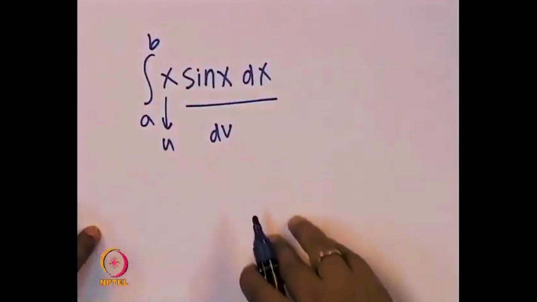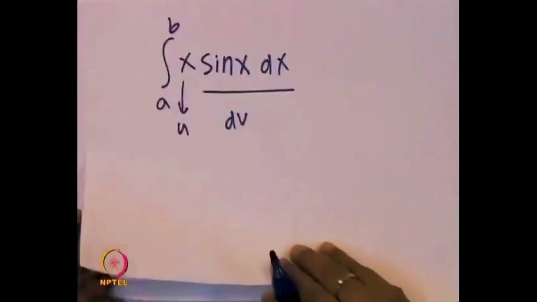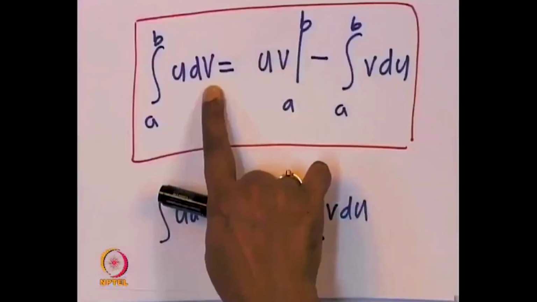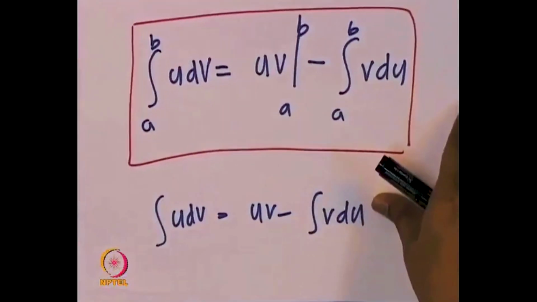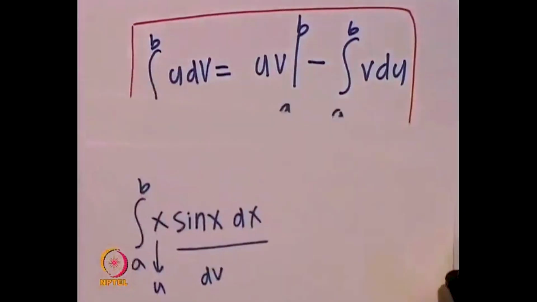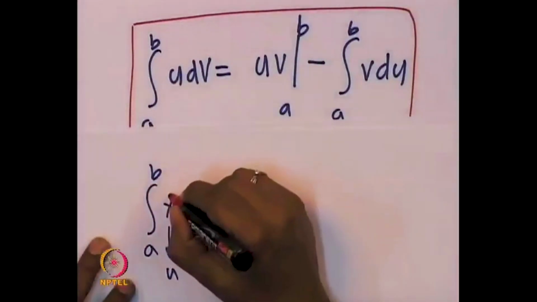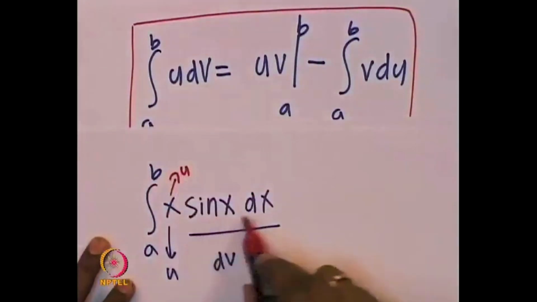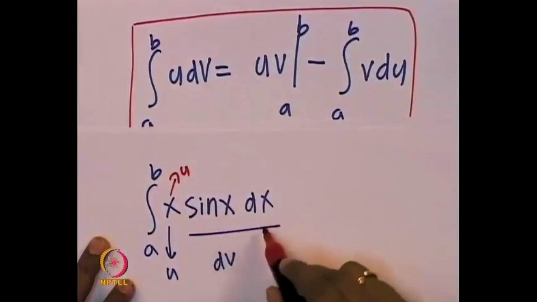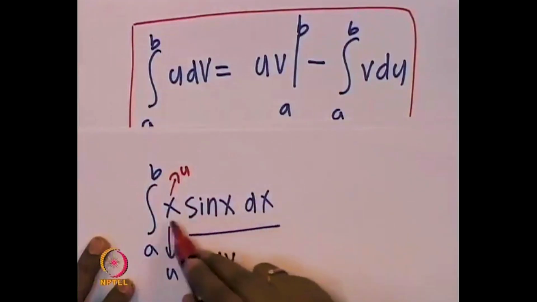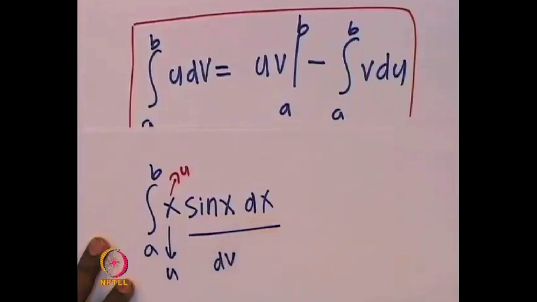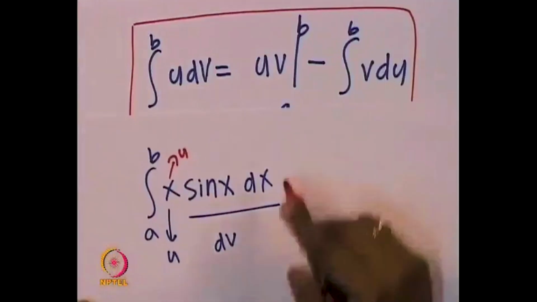We can use the formula that we learned now, that integral u dv is equal to uv minus integral v du. Here u is x, and sin x dx is dv. Then you have to find v.